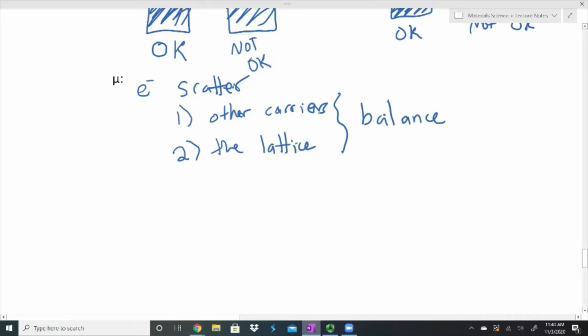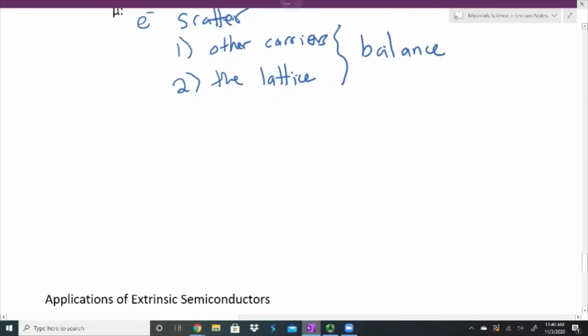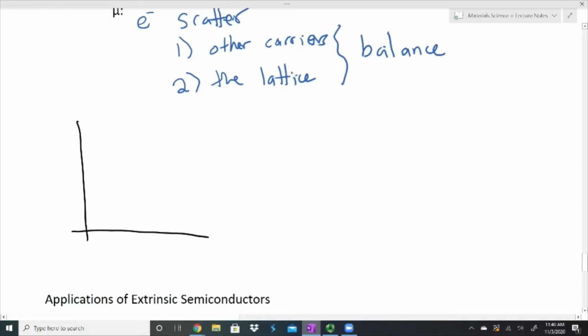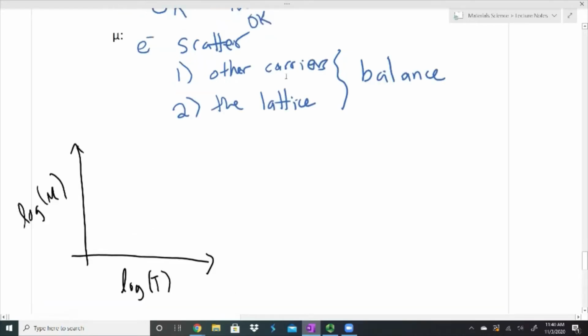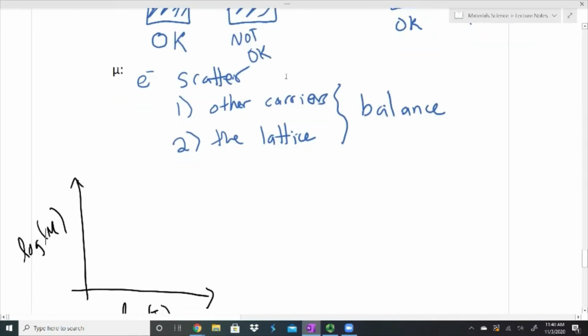We have a picture here of what is going on. I do the log of my mobility and the log of my temperature. And this is something, again, we're touching on relatively quickly. If this is something that interests you, I would go ahead and just Google the mobility in semiconductors. Talk about lattice scattering or charge carrier scattering, impurity scattering.